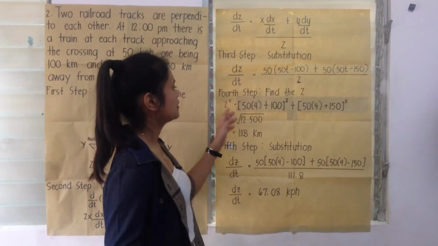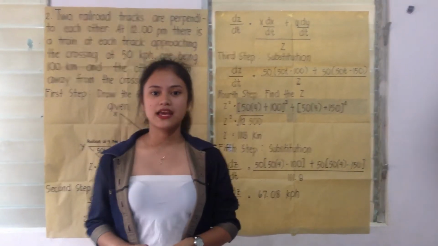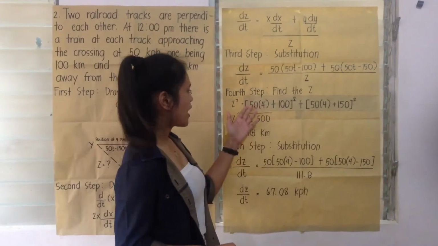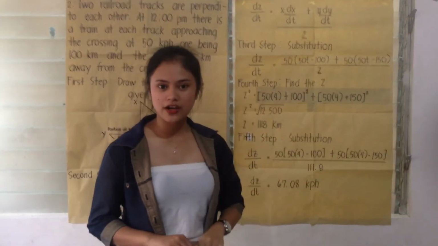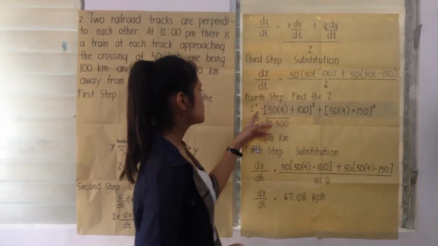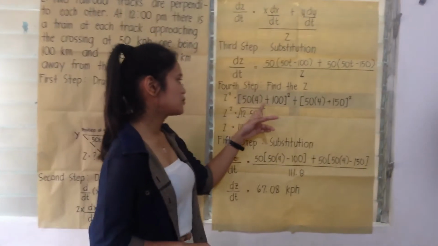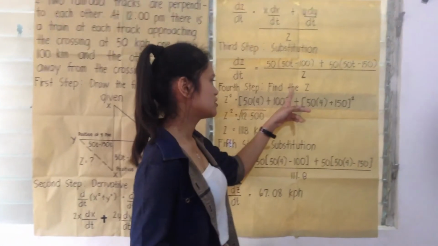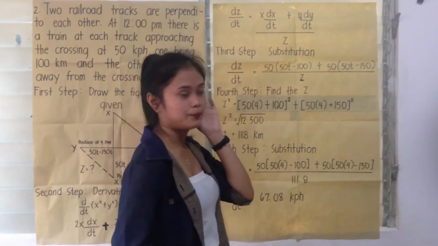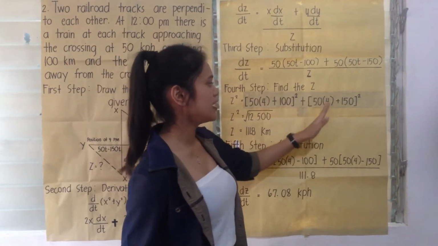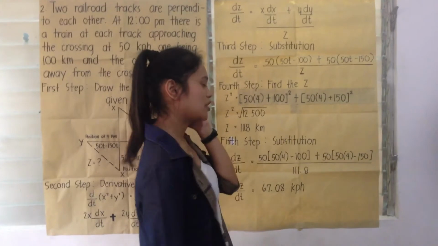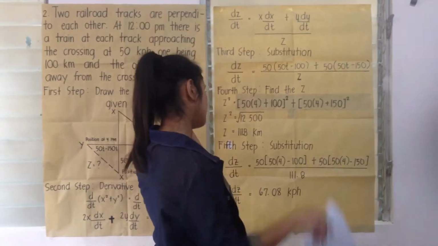So z squared, the formula we use here is z squared equals x squared plus y squared. So z squared equals 50 times 4 plus 100, squared, plus 50 times 4 plus 150, squared.